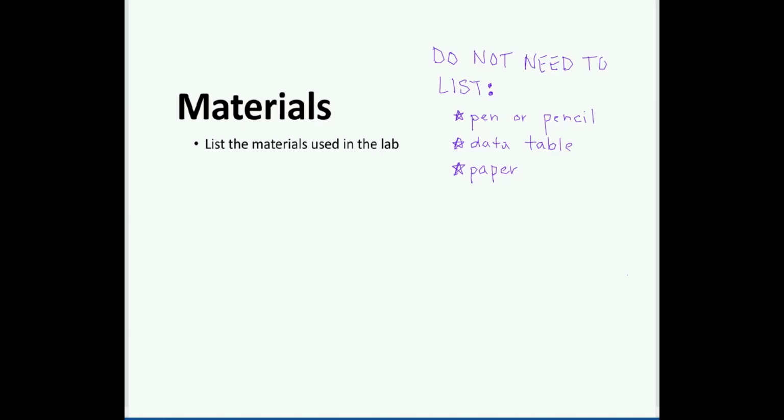Now, let's say we're doing this germination lab, we would want to list seeds, and we would want to list water and something to measure the water, because you'd want to make sure that you're giving whatever kind of amount each day. You might want to list whatever you're going to put the seeds in, if you're using soil, that kind of stuff.